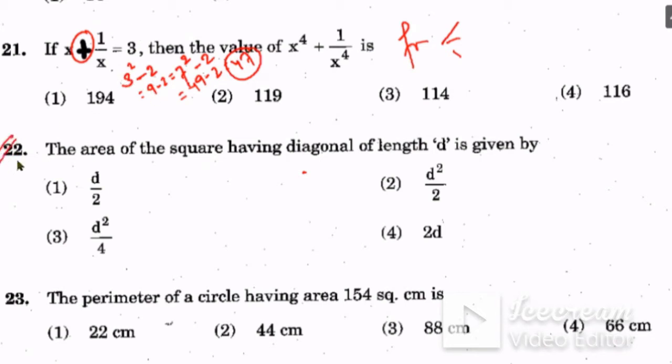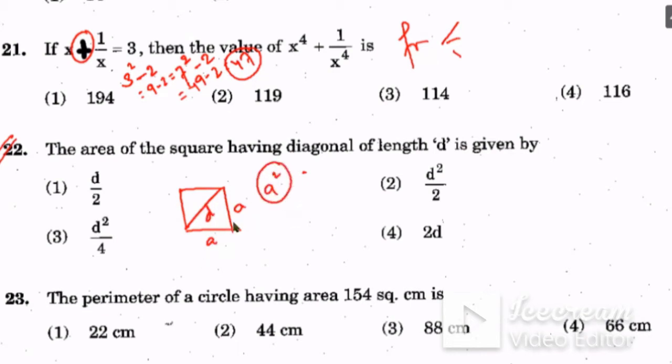Now question number 22, the area of a square having diagonal of length d is given by. The area of a square, so let us draw a square. This square having diagonal d, diagonal is d. So what will be the area? If this side is a and this is d, the area is a square.